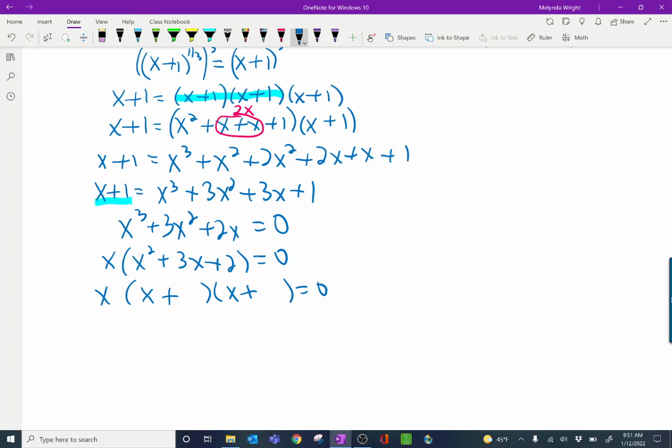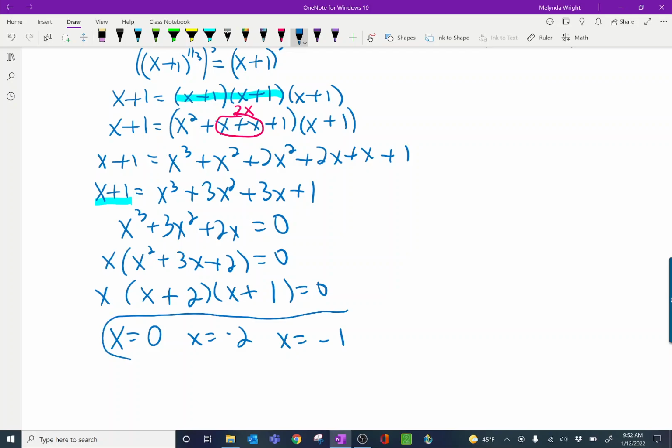Well, there's really only one way to get 2. It's 2 times 1. Let's see if that works. 2 times 1 is 2, yep, and 2 plus 1 is 3, so very good. So our answers would be x equals 0, x equals -2, and x equals -1. And I have already checked those, and they are all good to go.